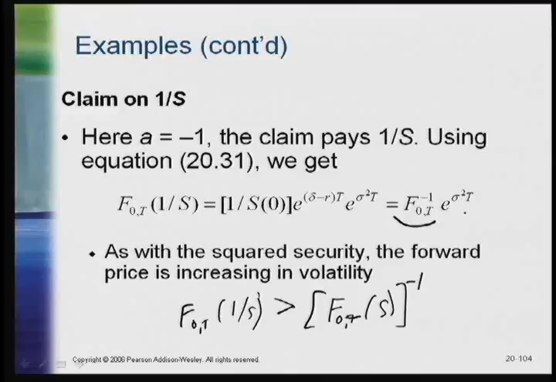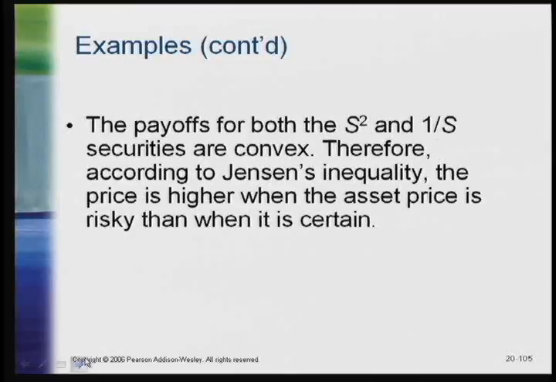And the reason that in both cases we get this result, that the payoffs for S squared and 1 over S, that the forward price is higher than if you simply apply the function to the forward price.